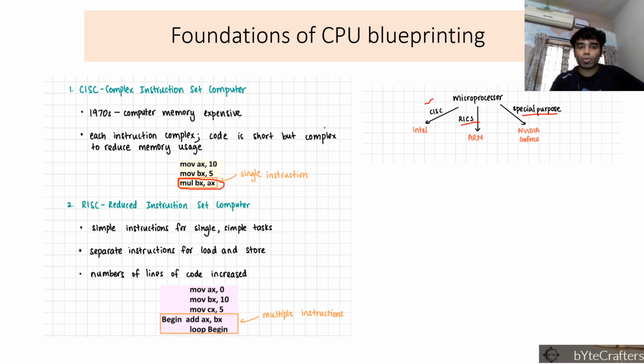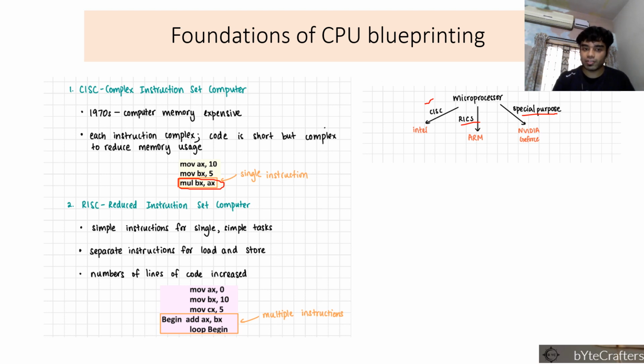Now this multiplication has to multiply 5 and 10. The value inside AX, which is 10, is being multiplied with the value inside BX, which is 5. That gives a value of 50, and this 50 is stored inside BX.